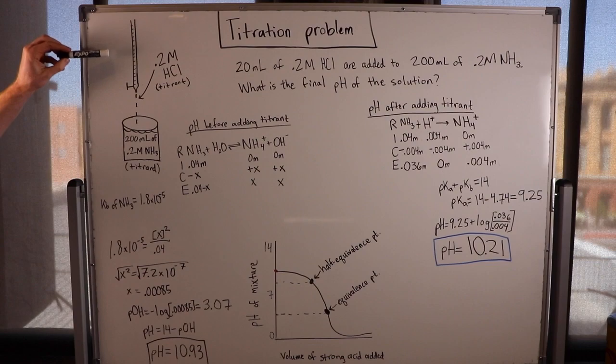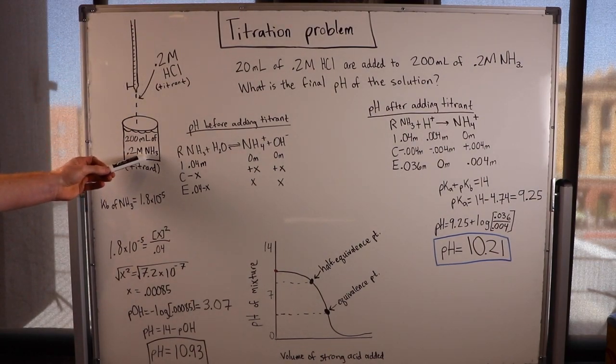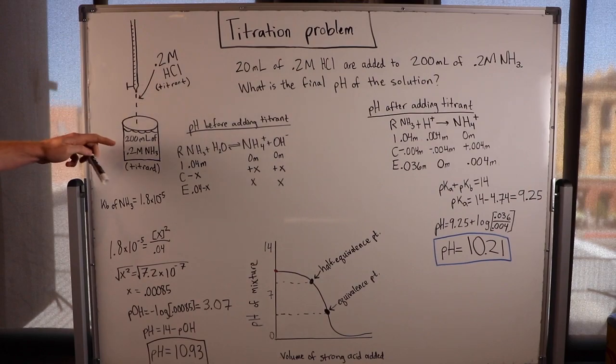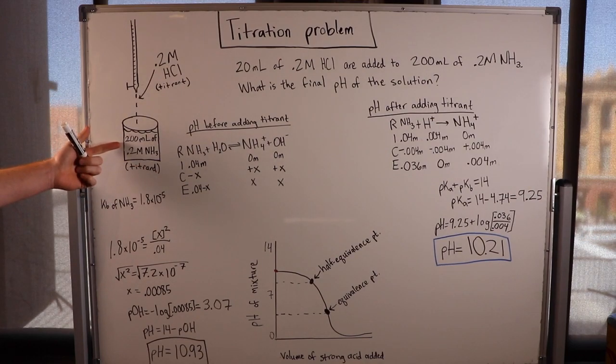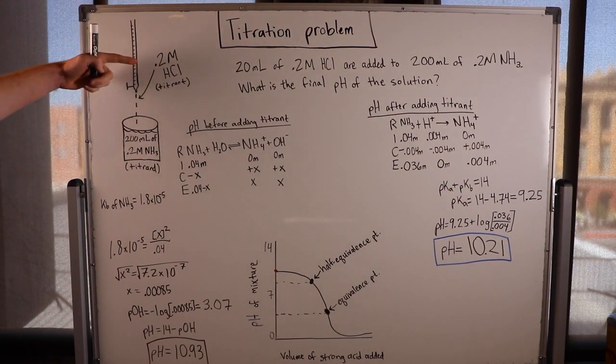So I drew up a little schematic here where you can see that our titrand is the weak base, NH3, and our titrant, the strong acid, is HCl. So we start out with just a beaker of NH3, a pure solution of NH3, and then we add in HCl and observe the pH change. And they want to know what the final pH is of the solution after we add in 20 milliliters of HCl.